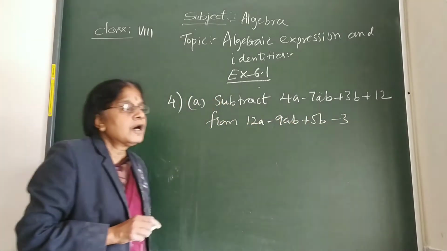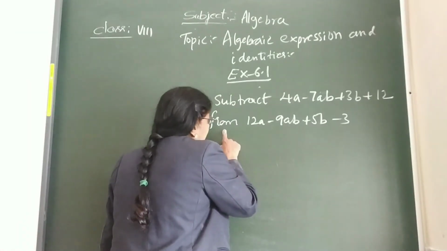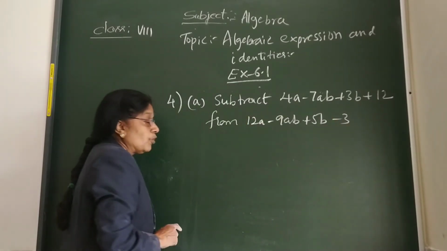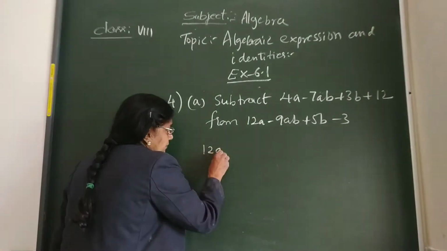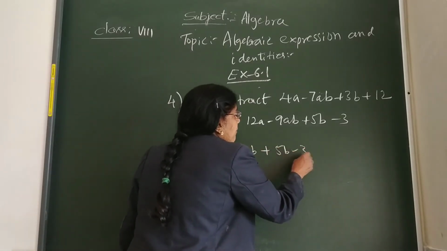We will do vertical. What is vertical? First we will write down what is given, from whatever this term is there. It is a polynomial with more than 3 terms. So 12a will come, minus 9ab will come, plus 5b will come, minus 3 will come.